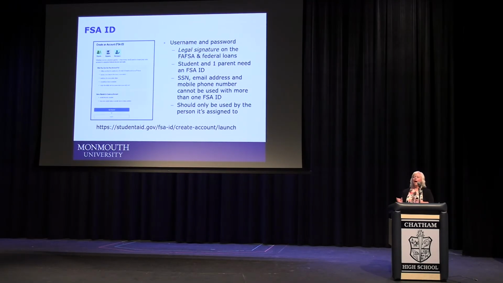The reason for that is email and mobile phone number are used as ways to retrieve this information when you forget it. And if two people are sharing the same information, there's no way to retrieve it. So it won't let you use that information more than once. And it should only be used by the person that it's assigned to. So that means that a student should sign their own FAFSA. Parents, you should be applying your FSA ID as well.